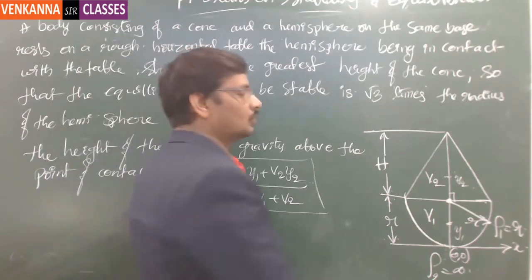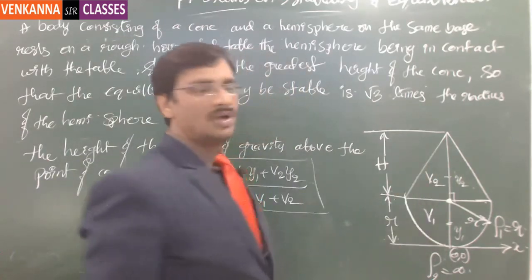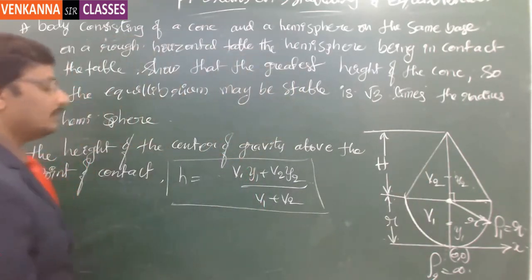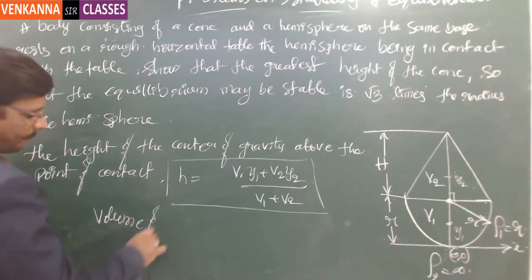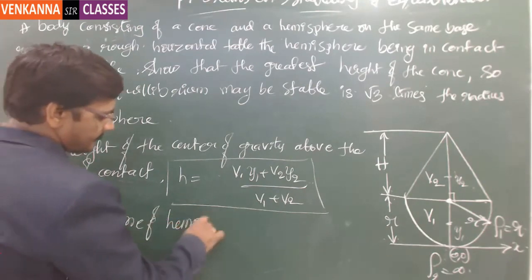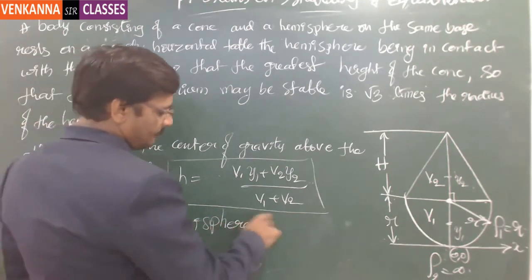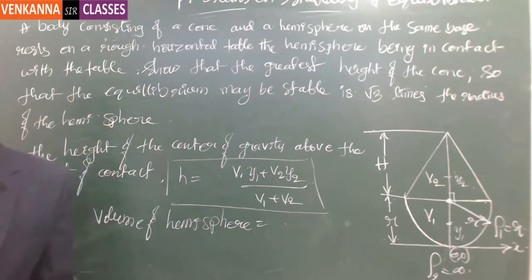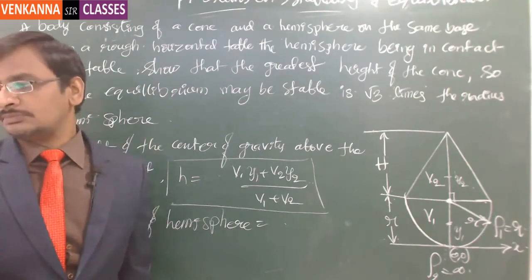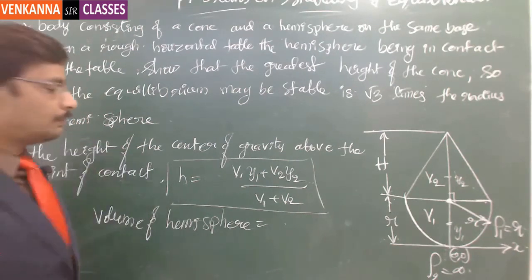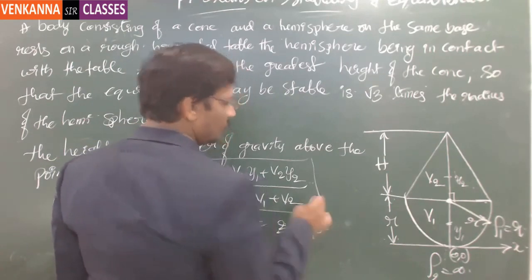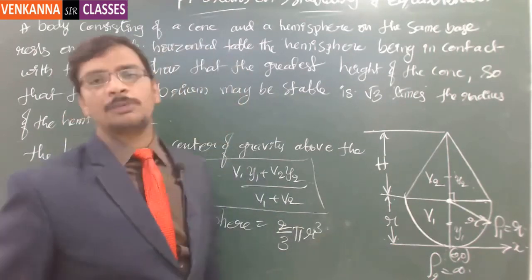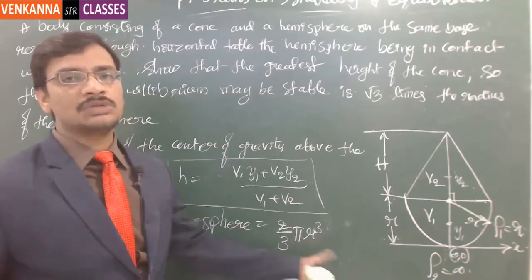Now it is up to you to calculate V1 and V2, so you have to be aware of it. So what is the volume of the hemisphere? What is the volume of the hemisphere? So 2/3 pi r cube. For a complete sphere it is 4/3 pi r cube, and for a hemisphere it is 2/3 pi r cube.